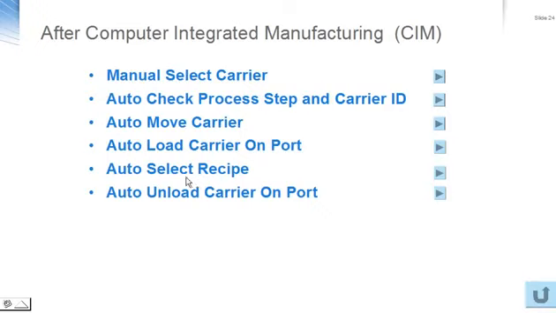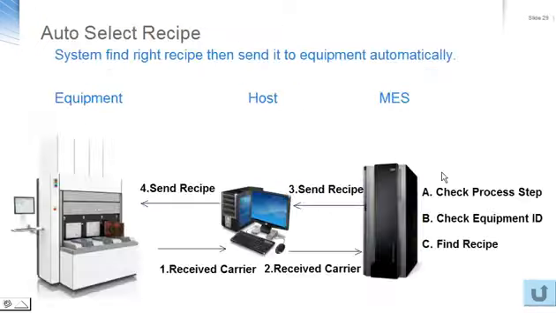And then we auto select the recipe. The system finds the right recipe and sends it to the equipment automatically. This is the sequence: when the equipment receives the carrier, it sends a message to the host. The host sends the receive carrier message to the MES.